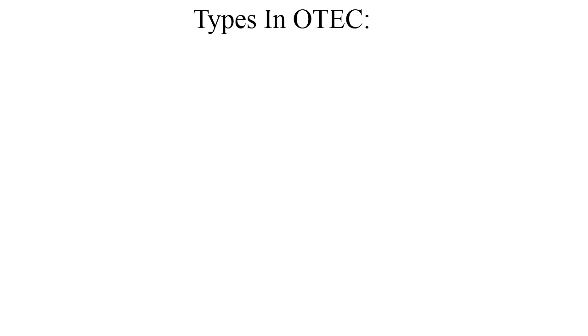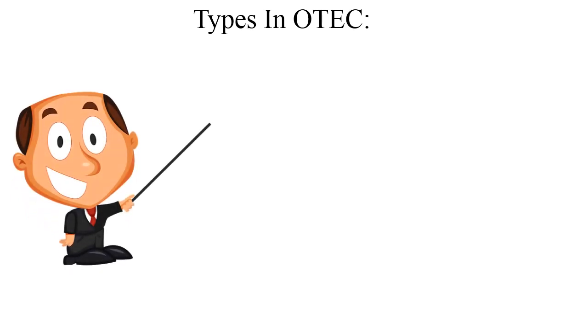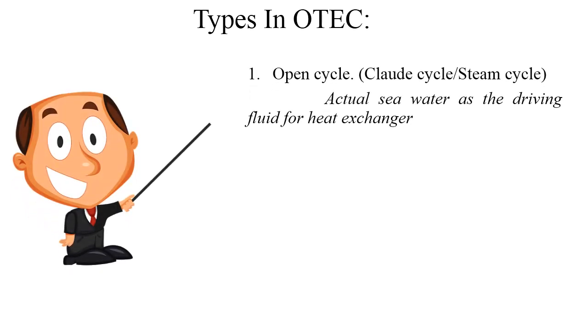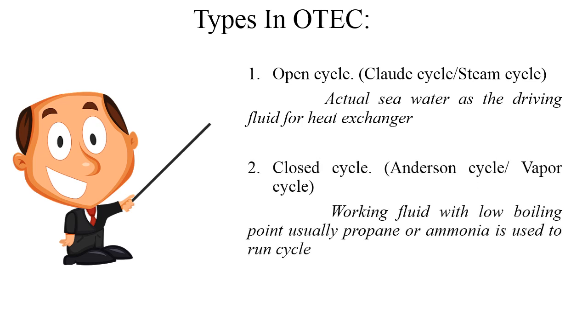I hope you remember what the types in ocean thermal energy conversion are. Open cycle and closed cycle. The open cycle has another name, the Claude or steam cycle. What does the open cycle actually mean? The actual seawater is the working fluid for the heat exchanger.